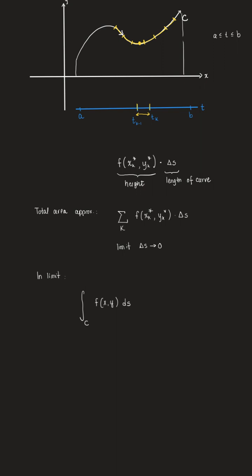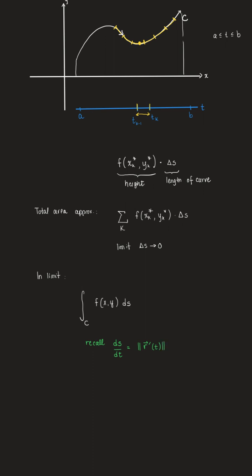Now, just a note here, this has been a while ago, but recall that we have an expression for our arc length differential. We can think of it as this: ds dt is the magnitude of the velocity vector of our curve.